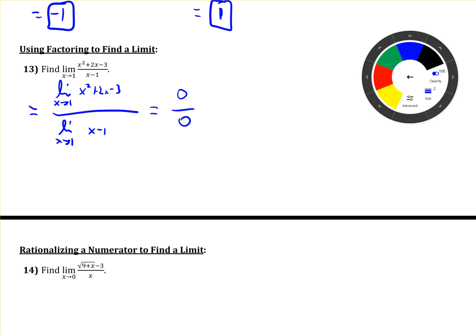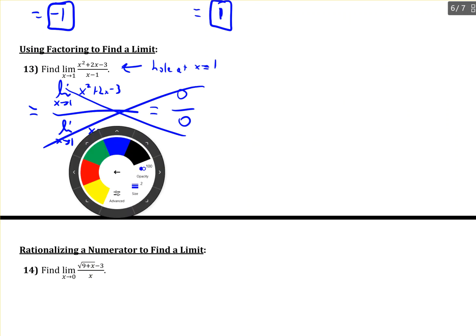So how do we figure out what this is? Well, think back to our chapter, I think it was way back in chapter 2, how we talked about graphing and how we might have a hole. Well, remember, this is a rational function that has a hole at x equals 1, right? So how would we figure out how to plug that hole in? Well, we would factor it. So we're going to instead ignore all that.